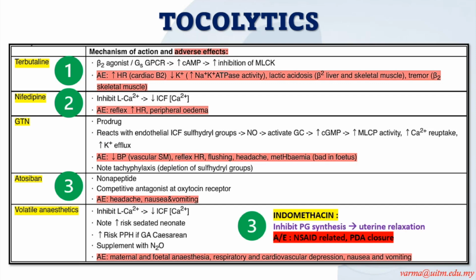Indomethacin is therapeutically used to close the PDA once the baby is born. In a child with a patent ductus arteriosus that fails to close, we give an NSAID, indomethacin or sometimes ibuprofen, to close the PDA once the baby is born. But before birth, prematurely, if it closes the PDA, it can cause problems for the fetus.